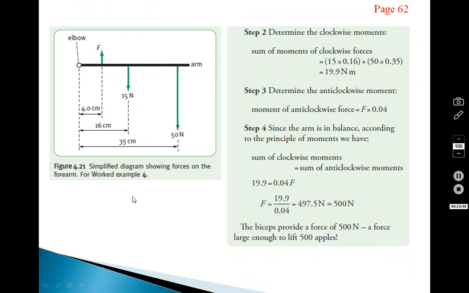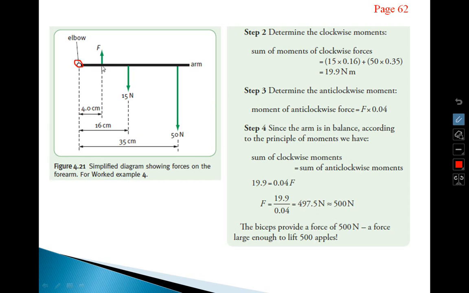So now, after we draw the simplified diagram, the second step is to determine which moments are clockwise and which are anti-clockwise. Here we see which forces are clockwise and which one is anti-clockwise.